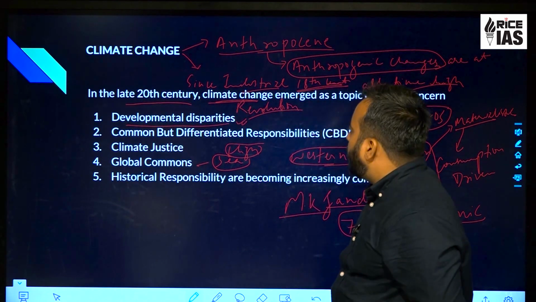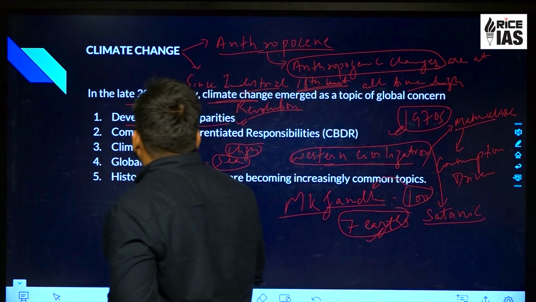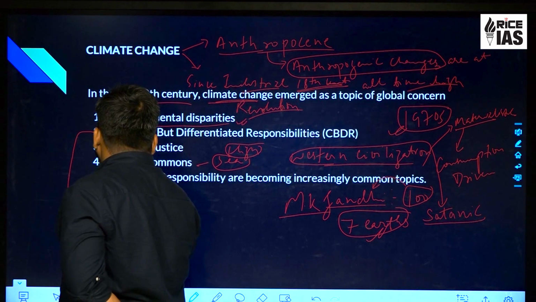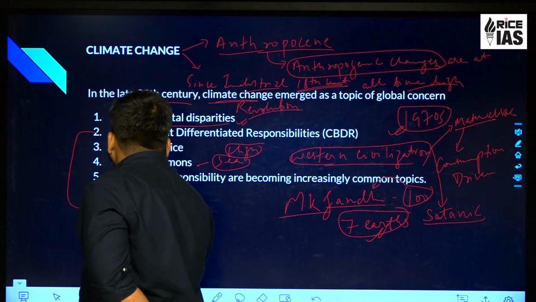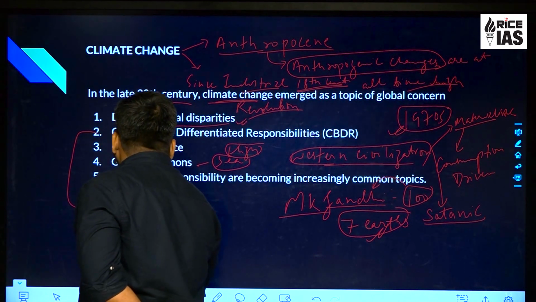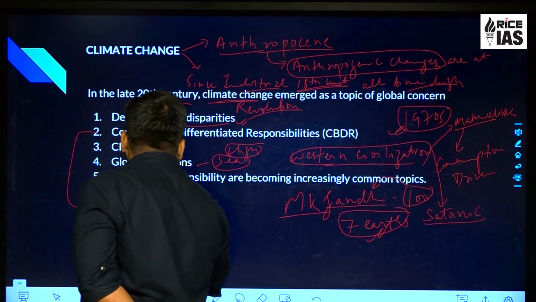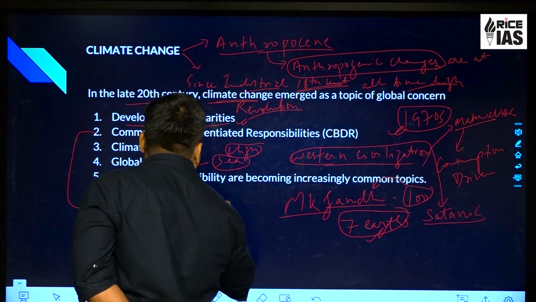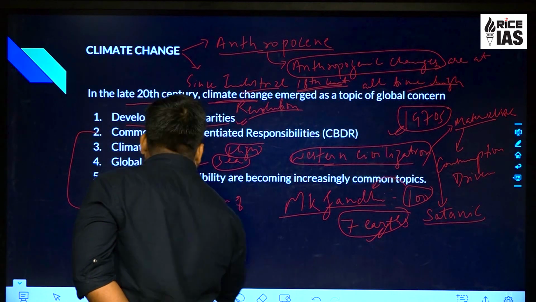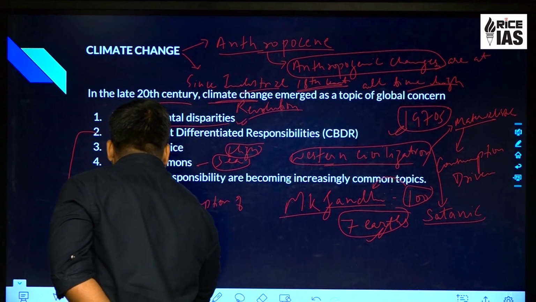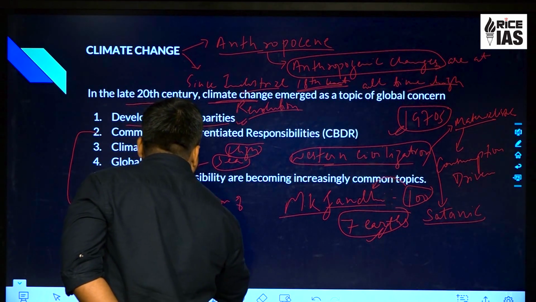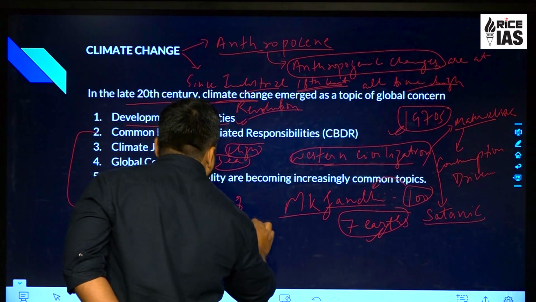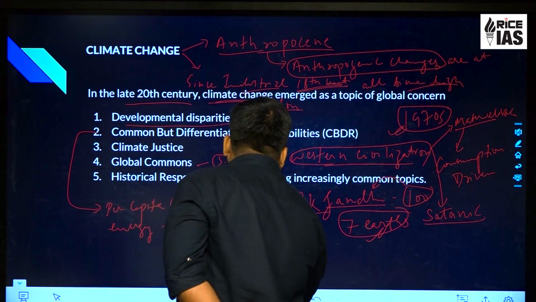So the per capita consumption of energy in USA plus Europe is very, very high.